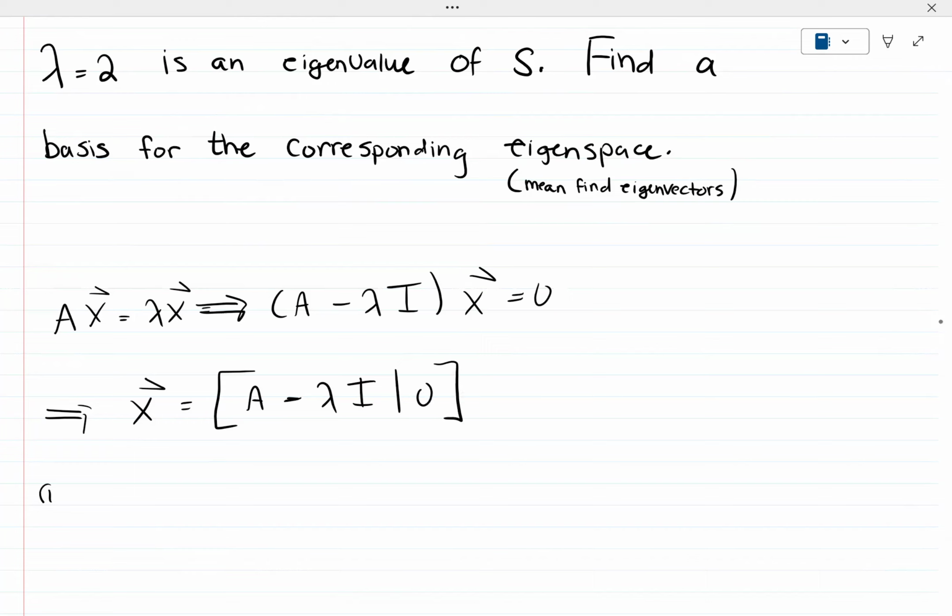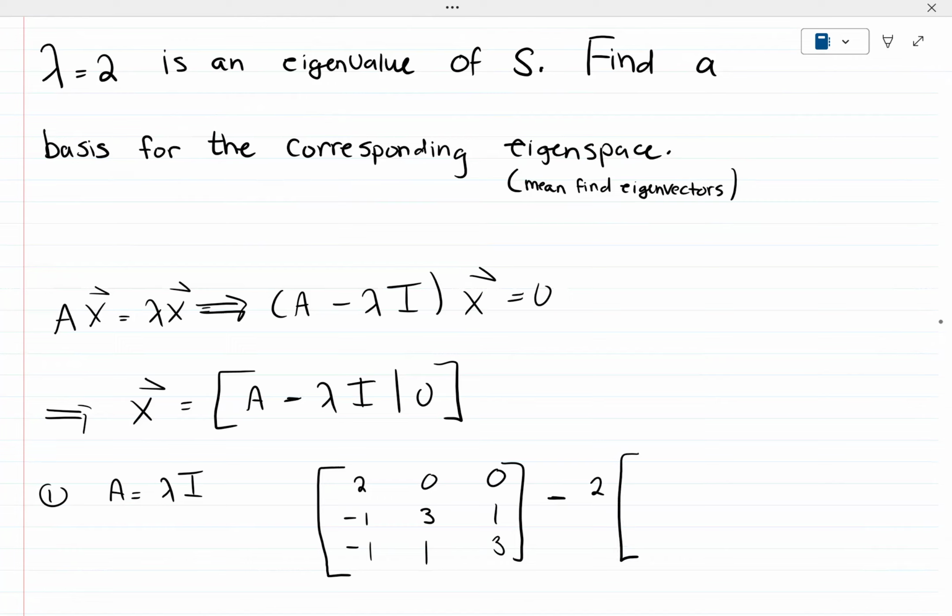Okay, so step one, what we got to do is first find A minus lambda times identity matrix I. We already know what matrix A is, so matrix A is 2, -1, -1, and then 0, 3, 1, and you have 0, 1, and 3, minus 2 times the identity matrix of a 3 by 3.